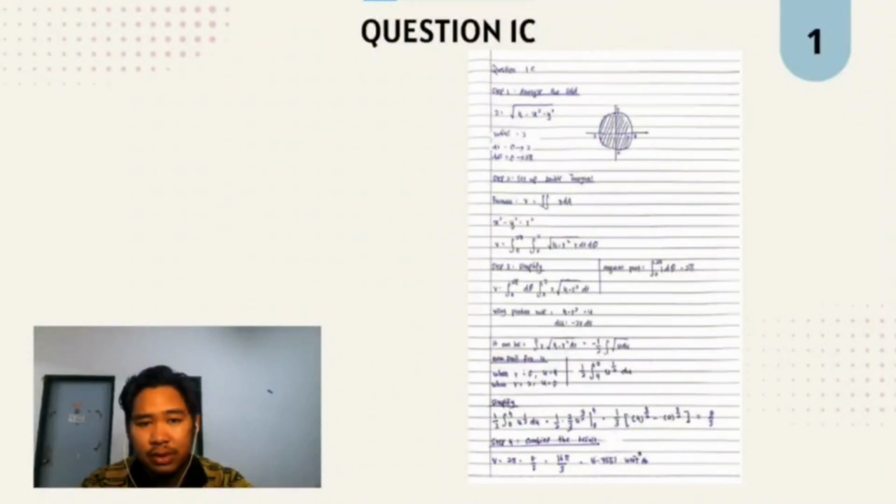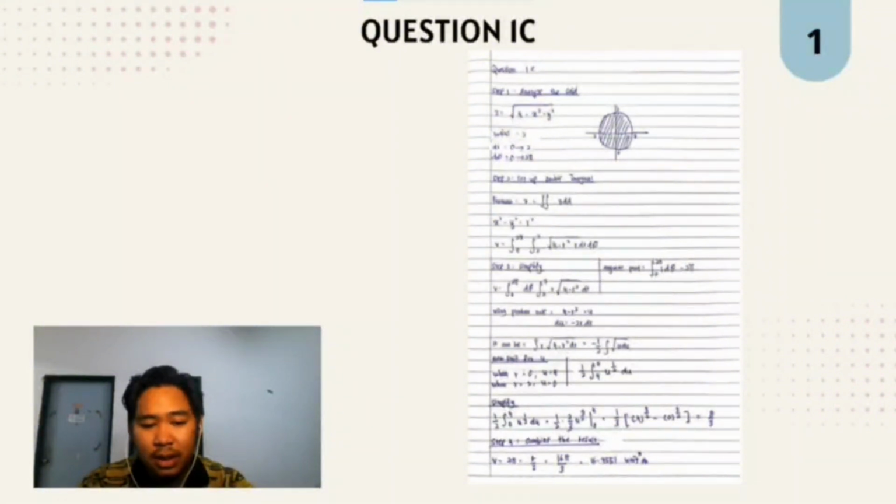In question 1C, we have 4 steps. For the first step, we analyze the solid. After we analyze the solid, we sketch the sphere, and then we use the double integral formula. The double integral formula is V equals double integral z dA. After that, we simplify to get the angular part, and then we use the product rule to get the answer.